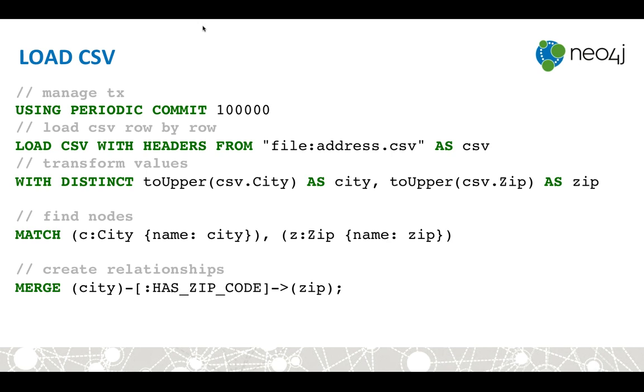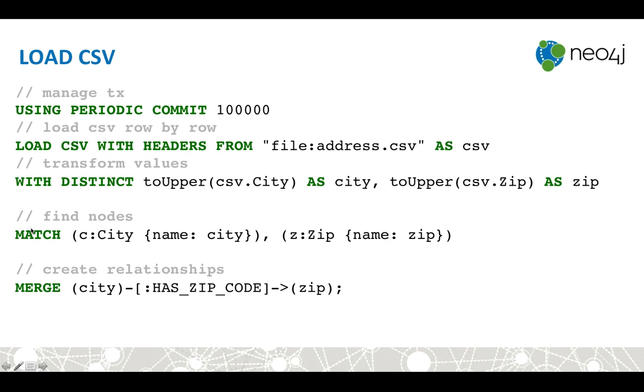And this is not the most optimal representation, and that's why it would run out of memory if you don't limit that. The periodic commit just says every X thousand lines of the CSV I commit. So I clean out the transaction state, write it to the disk, and start fresh.